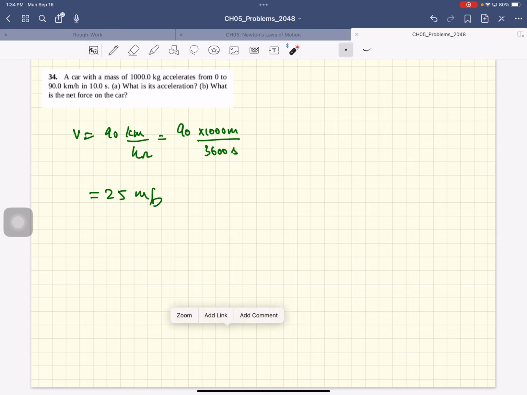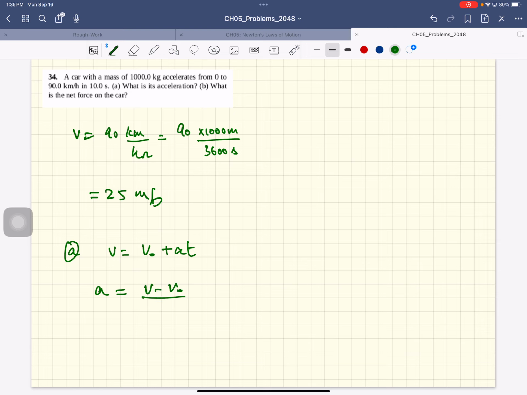So the final velocity is 25 meters per second. Initial velocity is 0. So the acceleration is 2.5 meters per second squared.